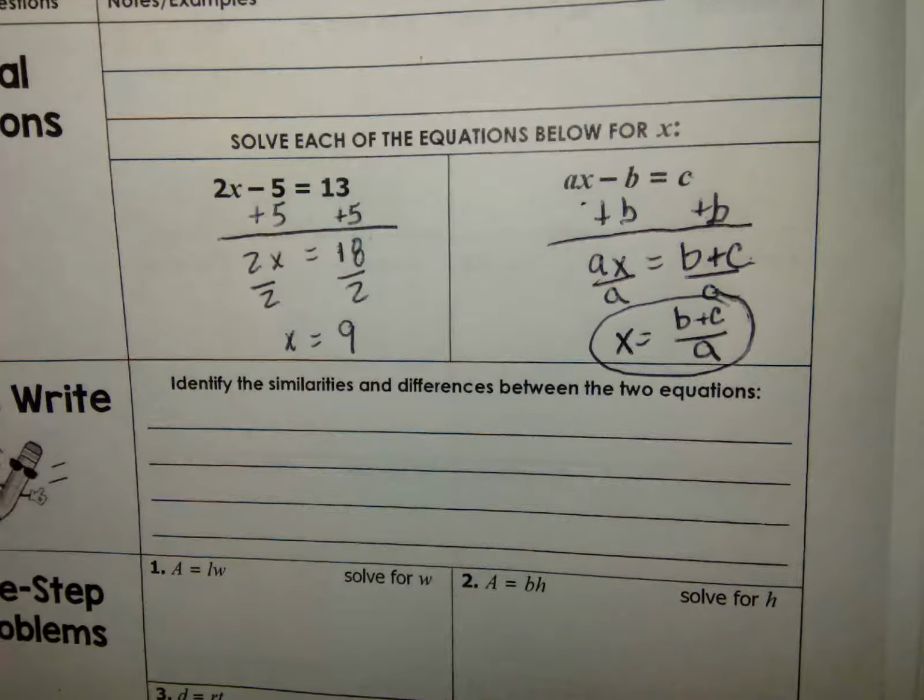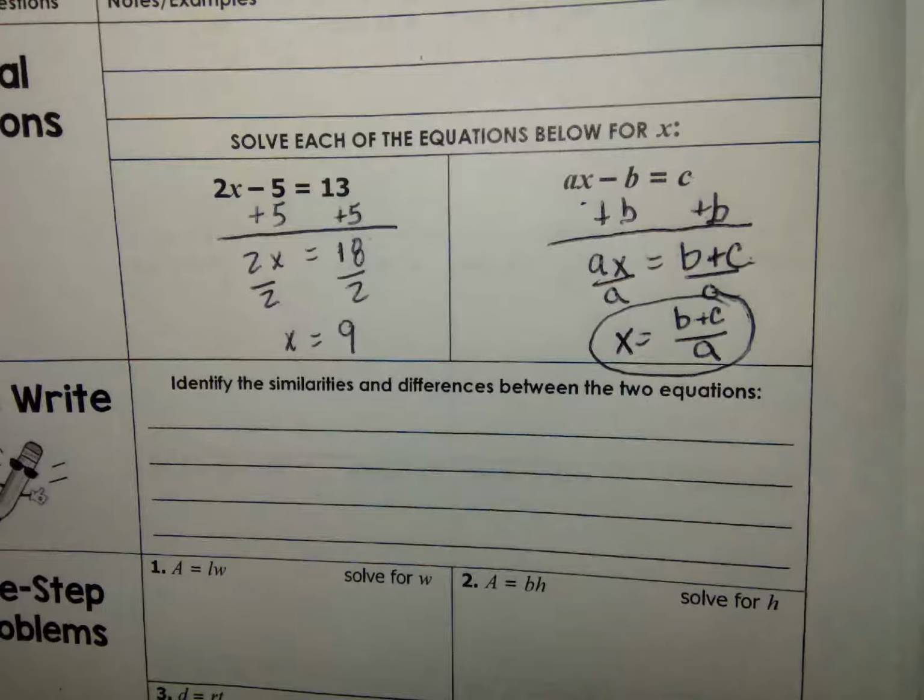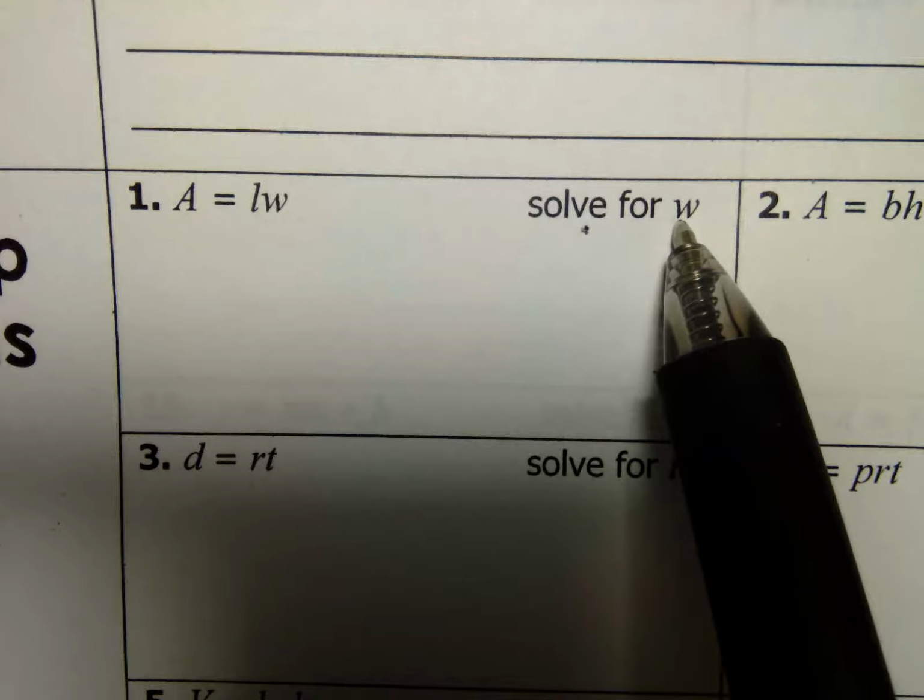So let's do another one. Here, let me make this smaller. So what this means here, this means I want to get w by itself.